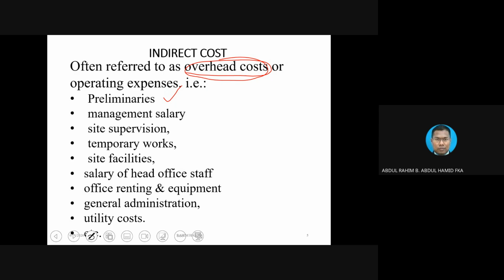And then management salary: the people in the organizational chart, project manager, engineers, you just name it.